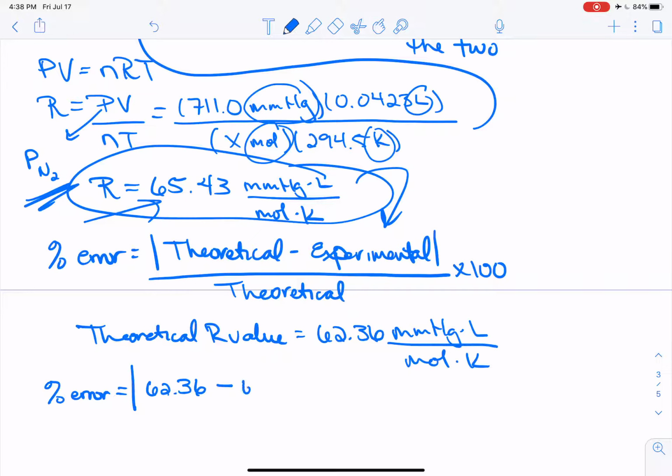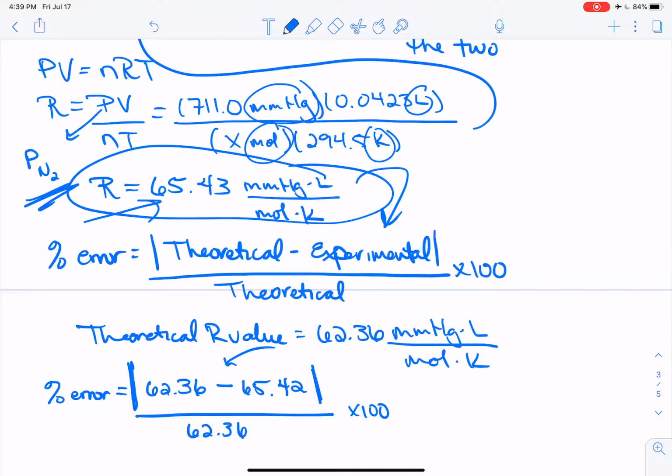And you're going to subtract the experimental value, and you're going to divide that by the theoretical value, and you're going to multiply that all by 100. And you're not going to worry about the fact that you have 62-ish minus 65-ish, and that's going to create a negative value because you have put absolute value bars around that. And the absolute value bars say whatever is inside, whether it's positive or negative, it comes out positive, okay? So don't worry about that.